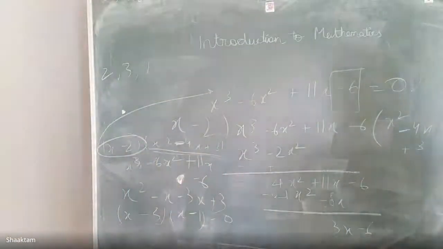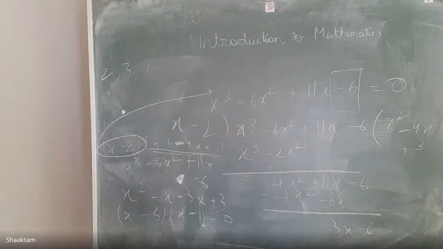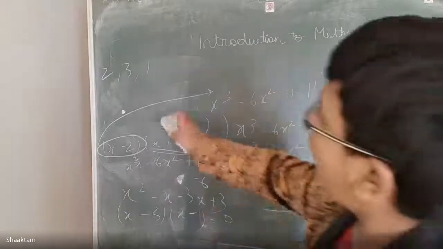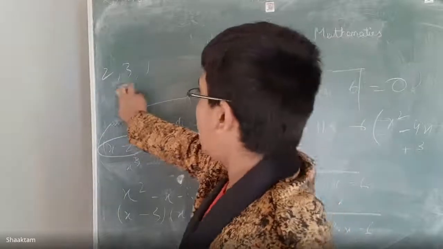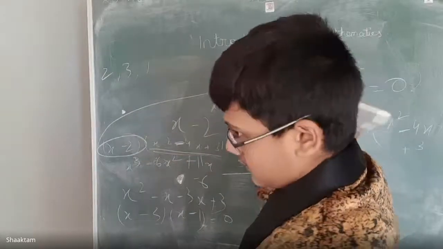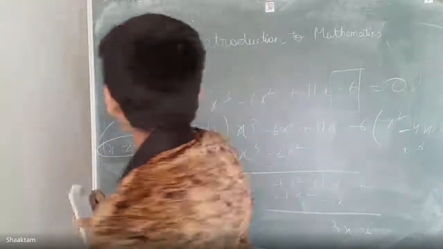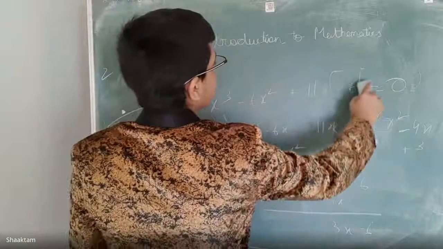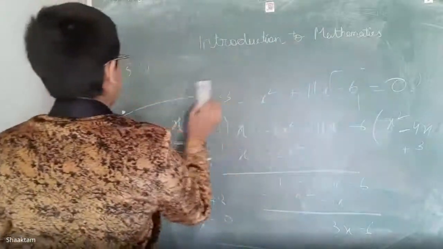Fine? So now you can observe all the values which will satisfy the cubic equation. They have to be factors of this last coefficient.